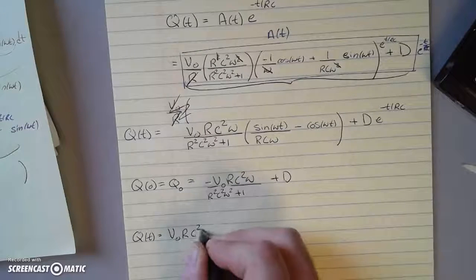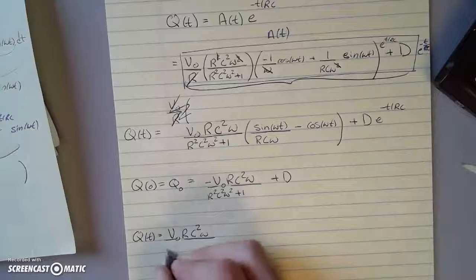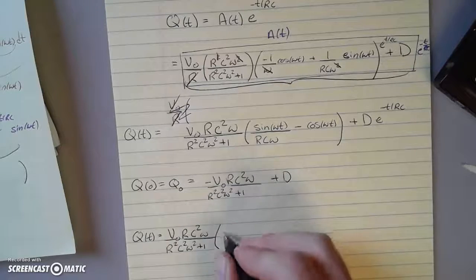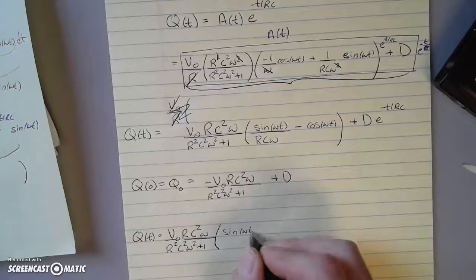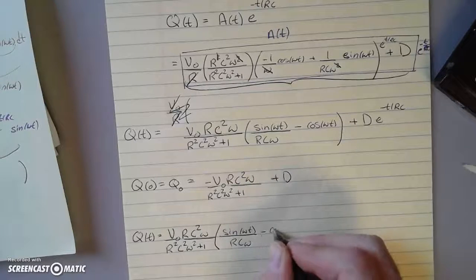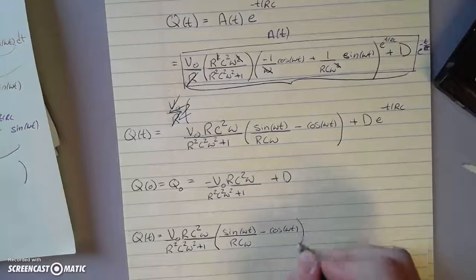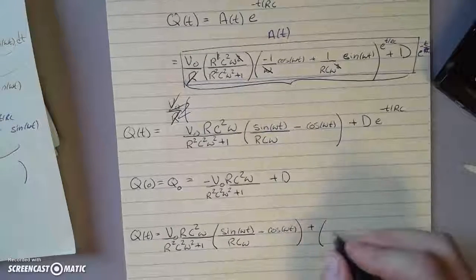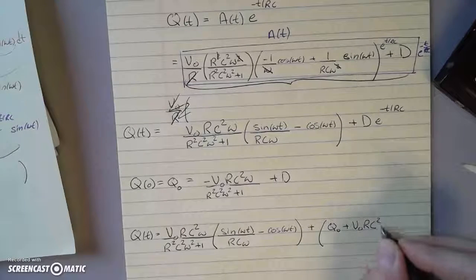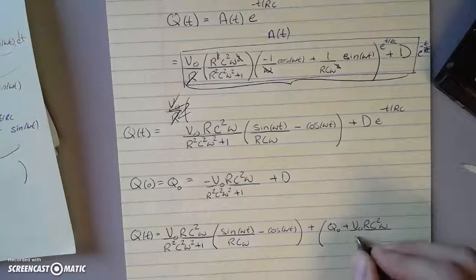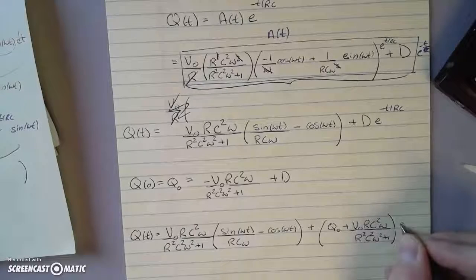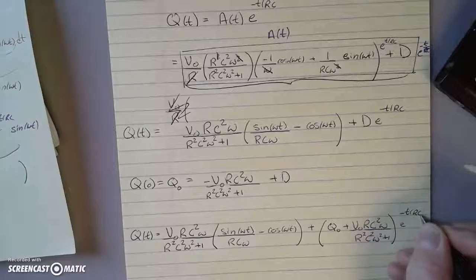V naught r c squared omega over r squared c squared omega squared plus 1. Then you've got all the stuff that you had before, of course. We just need to get over to where d is and place what it is. So that would be here. We're going to have q naught plus v naught r c squared omega all over r squared c squared omega squared plus 1 times that decaying exponential.